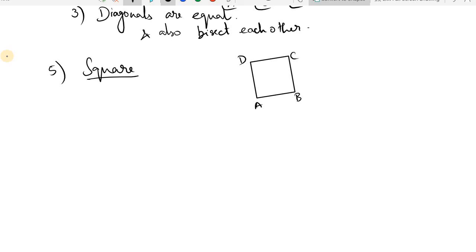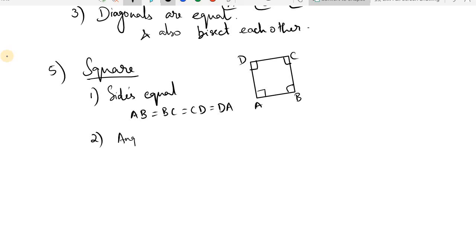So a square is just a parallelogram in which all sides are equal and each angle is a right angle. So these are right angles. So all sides are also equal here. So sides equal. That means AB equals BC equals CD equals DA. Then the angles are 90 degrees. They're all equal and they are 90 degrees.